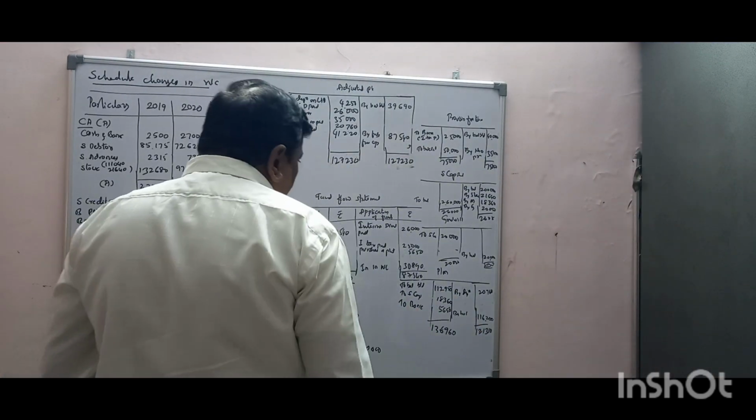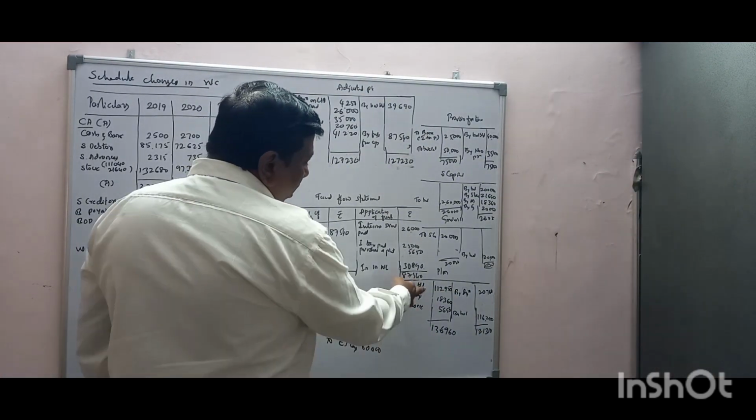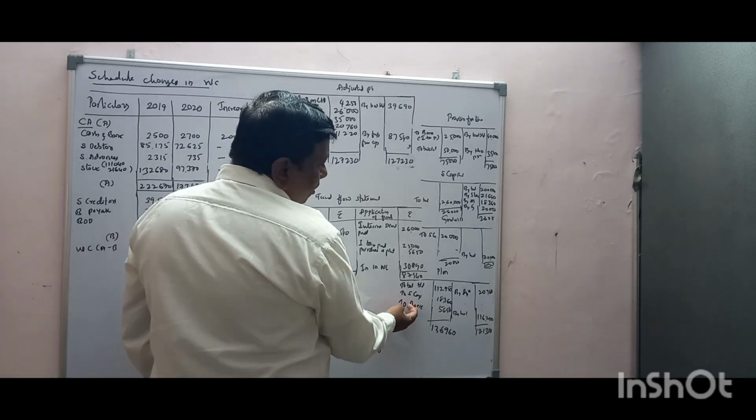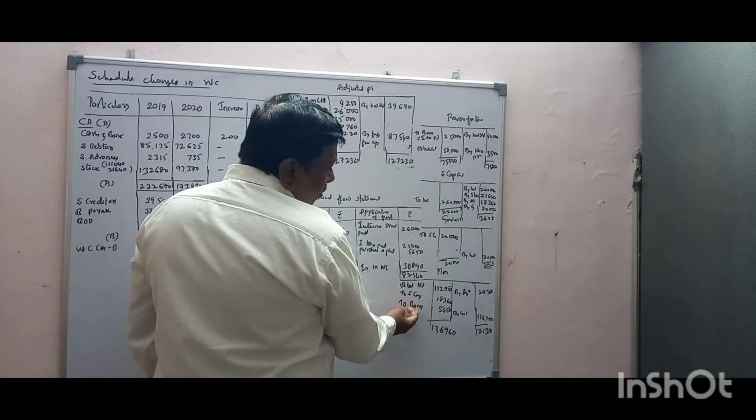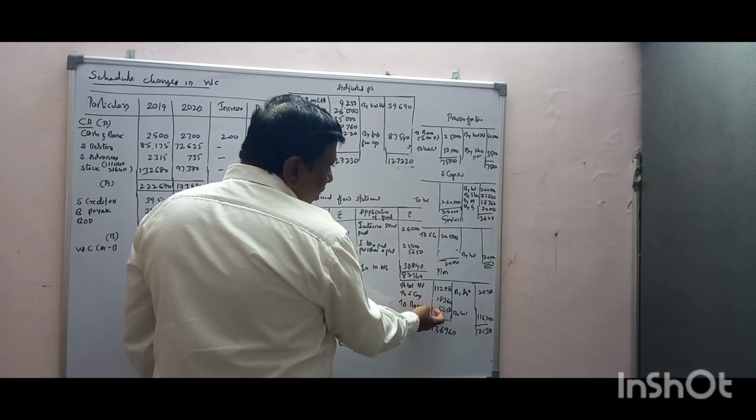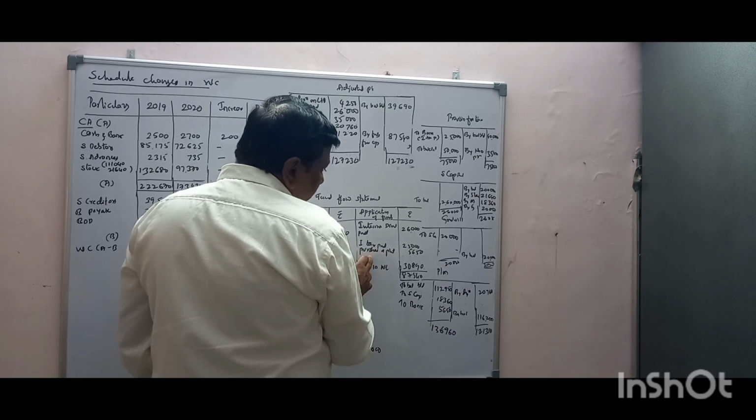One more last adjustment, the purchase of plant. Purchase of plant goes to bank 5,650, an application of funds.